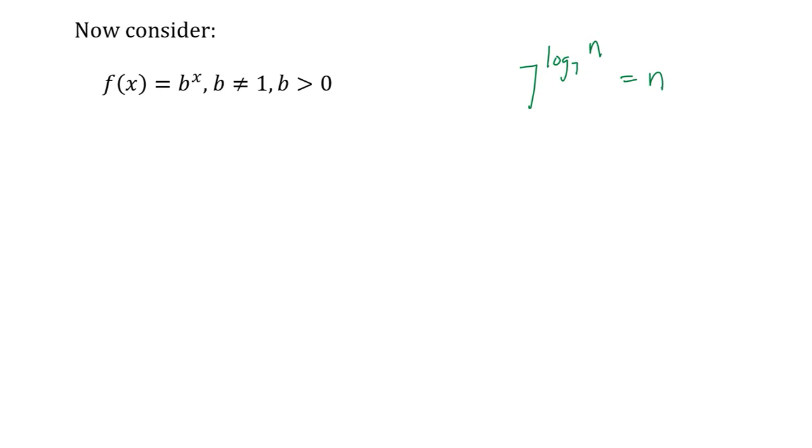I can use this backwards, where if I start with n, I can rewrite it like that. So my n in this case is going to be b to the x, and I'm going to rewrite f at x as e to the ln, which is like 7 to the log base 7, of b to the x.